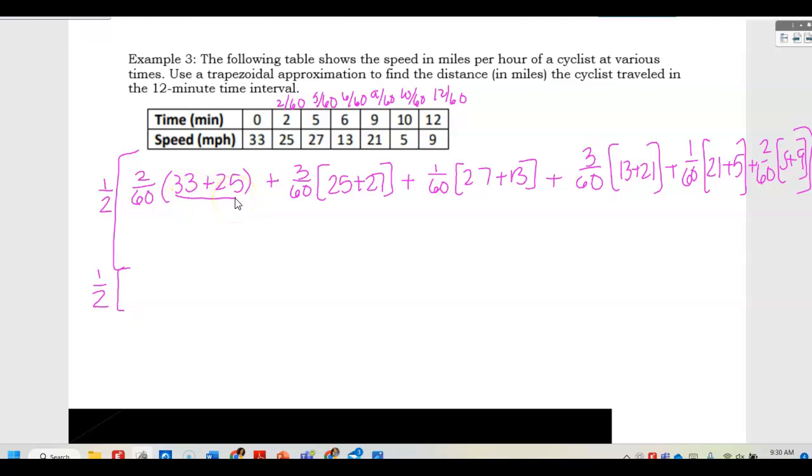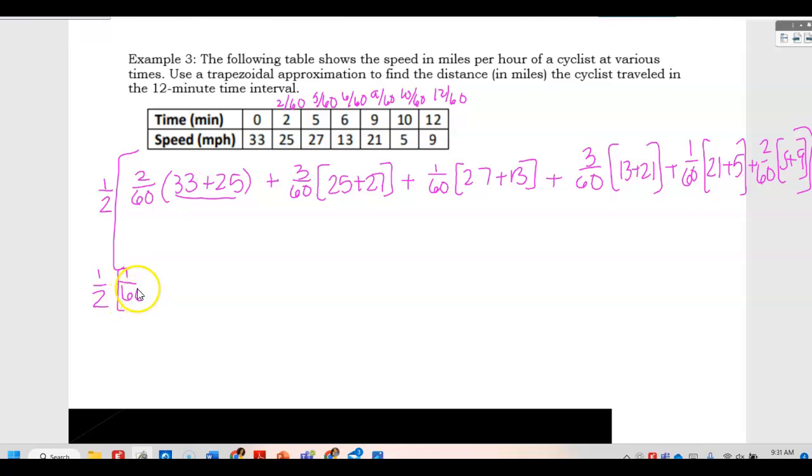So 33 and 25 gives you 58. 2 and 60. I'm not going to cancel my 60s because they all have 60s right now. So, kind of like the 1/2, you could pull that 60 out in front.